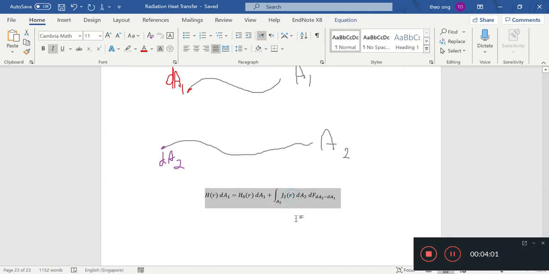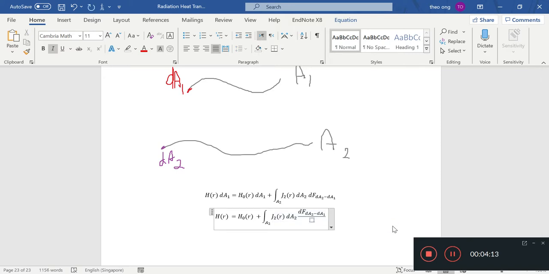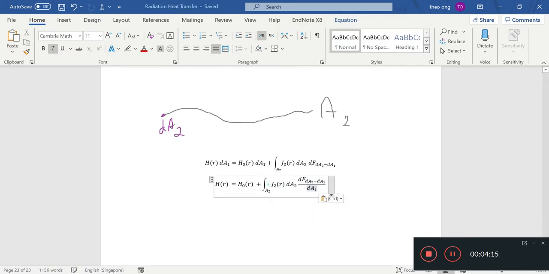If we do again the same trick of dividing throughout and using the reciprocity rule, I'll divide throughout by A1, or dA1 in this case, and then we can use the reciprocity rule to change this into the other view factor, which is dA1 to dA2.